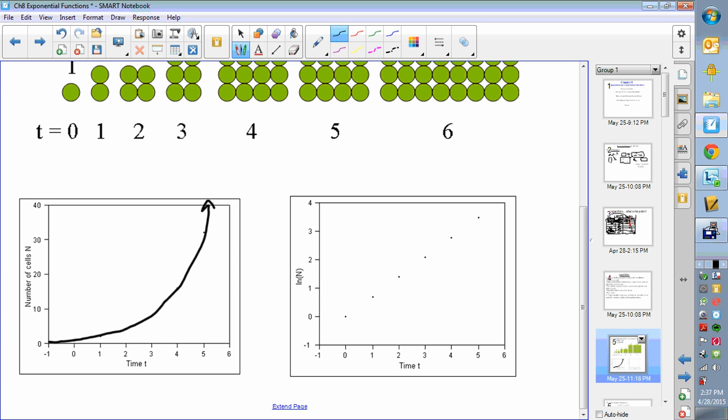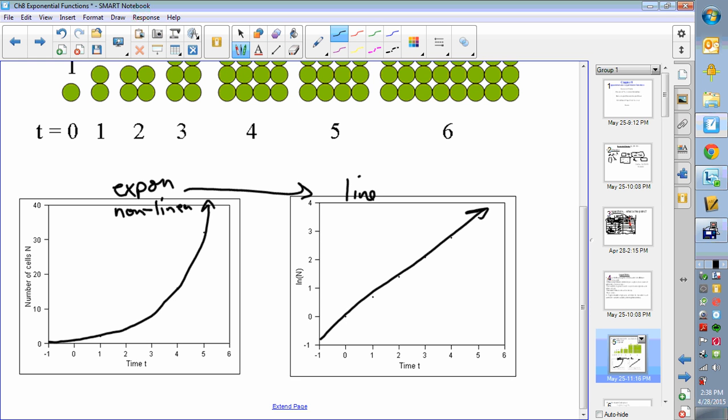But if you were to apply a logarithm to these, and not necessarily log to base 10, but in general, the numbers change from numbers of cells that are climbing very quickly to the log of those numbers, 0, 1, 2, 3, 4, and all of a sudden you get a pattern that looks like a straight line. So you've changed an exponential, a nonlinear function, into a linear function.